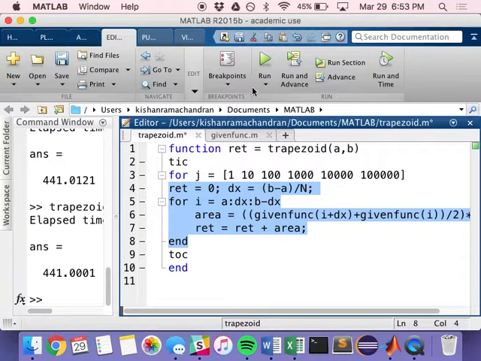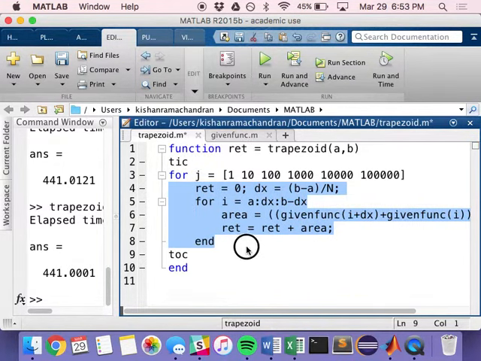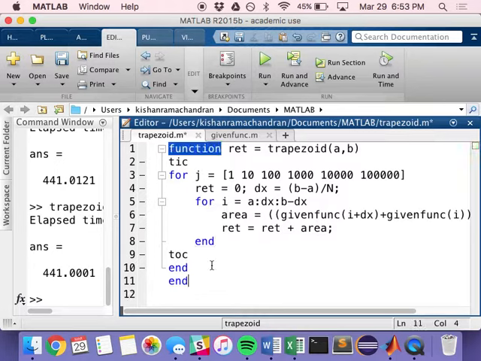Where's the... I don't want this inside the loop, do I? Yeah, I want this inside the loop. Okay. So j's going to go through all those values, right? So we could say like that.